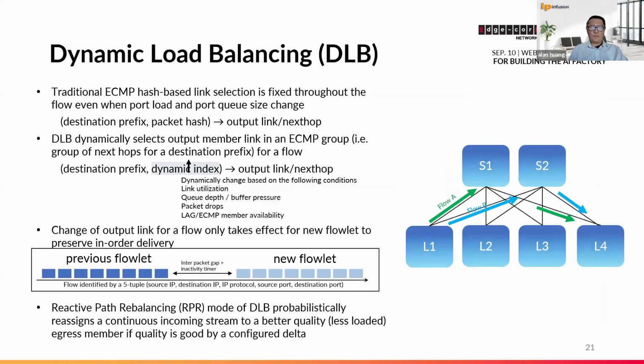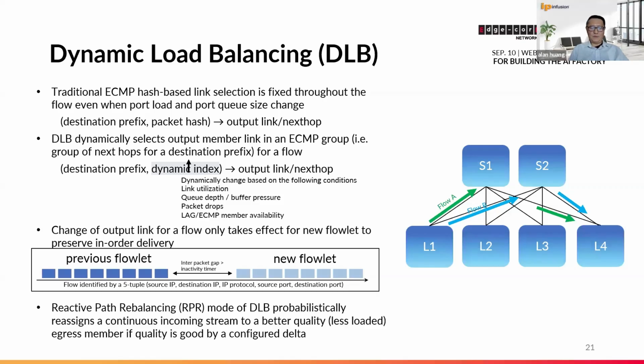A key feature is dynamic load balancing. The purpose of dynamic load balancing is to optimize network link utilization, which is critical for maximizing GPU efficiency. So dynamic load balancing improves link usage by intelligently distributing traffic in real time based on link quality.